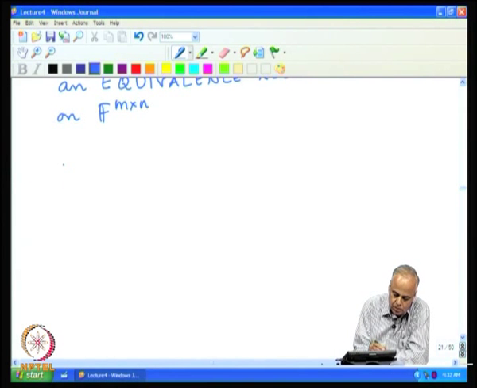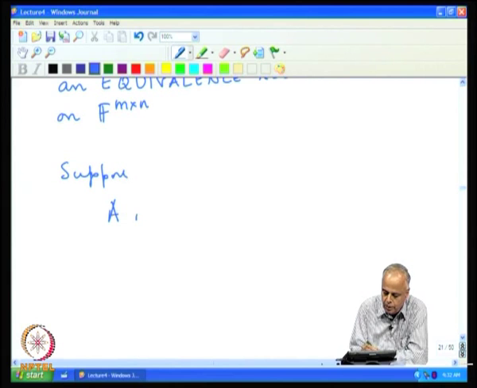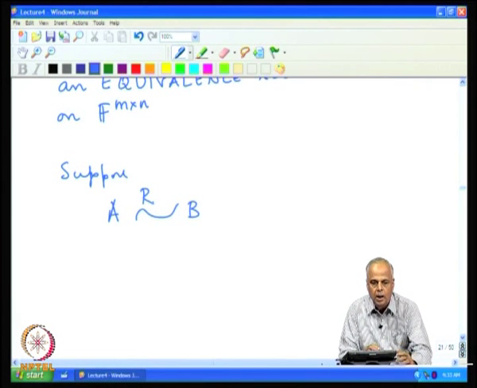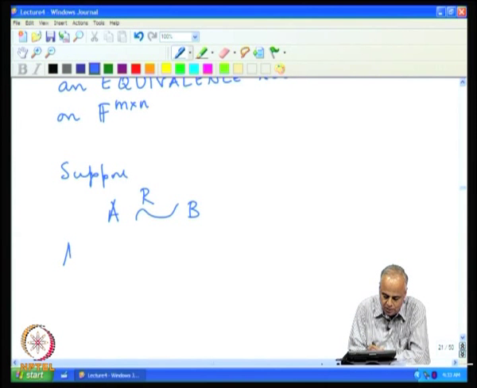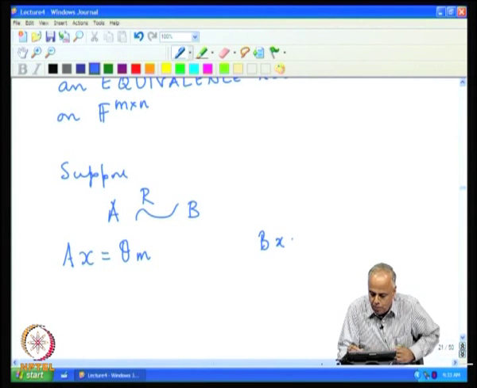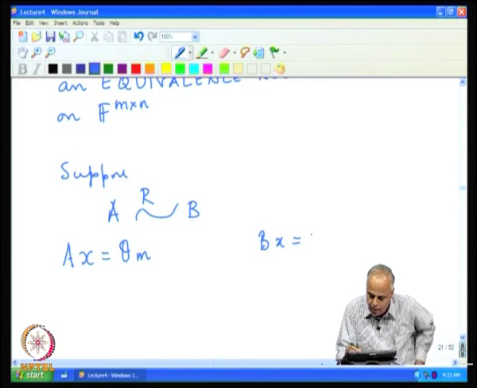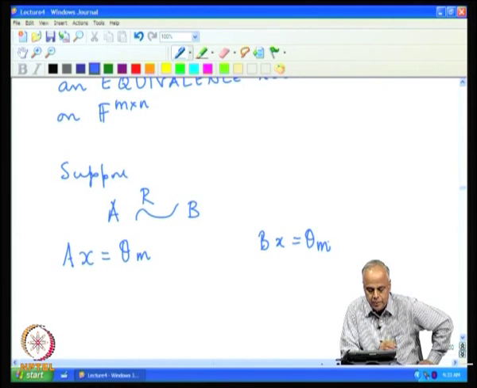Now, suppose A is row equivalent to B. Now, we get back to our basic problem of the homogeneous system of equations. Look at the system corresponding to A, Ax equal to theta m, and look at the system corresponding to the matrix B, Bx equal to theta m.